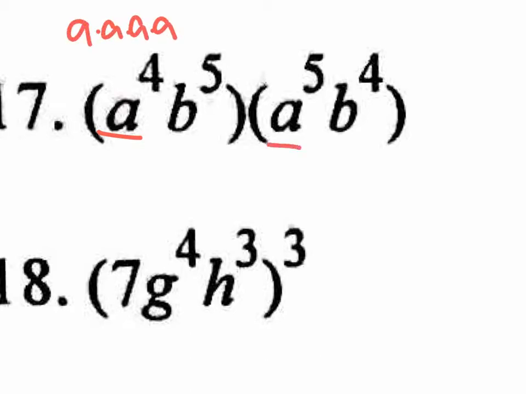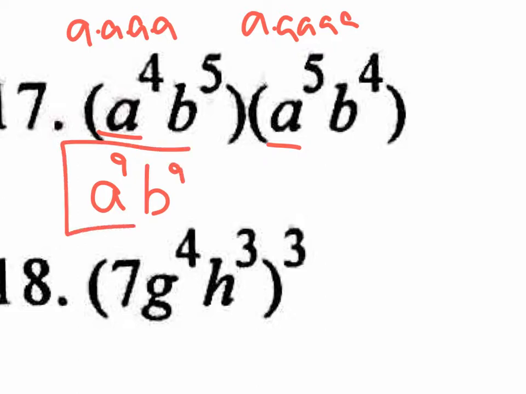And you have a to the fifth, which is really a times a times a times a times a. You get the idea. If you add them together, you're going to get a to the ninth. You have a total of 9 a's. And then the b's, well, how many b's do you have? You have 5 plus 4, that's another 9. So there's your final answer using that rule of exponents, that when you have the same base, you simply add the exponents.